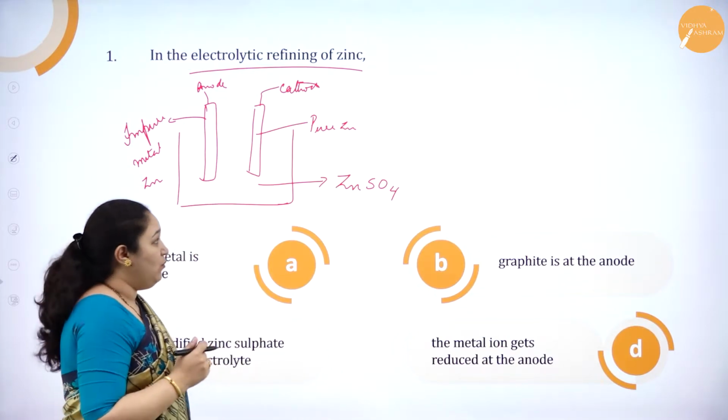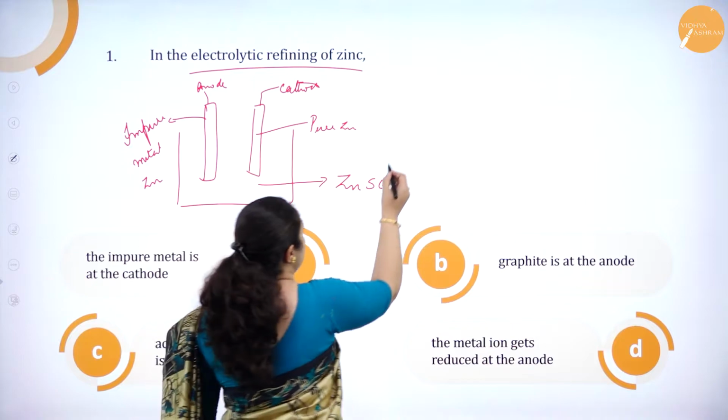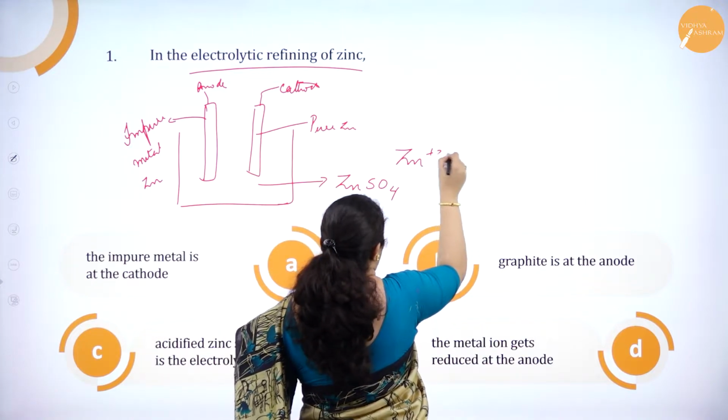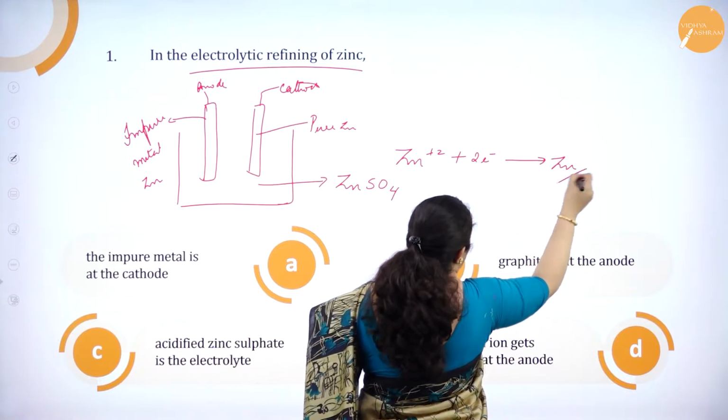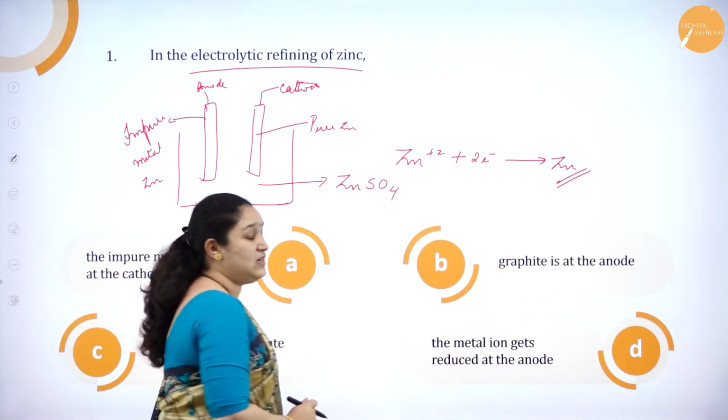Now here what happens? Zinc ions will accept 2 electrons and get deposited at cathode as zinc.